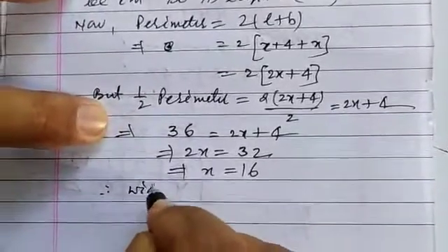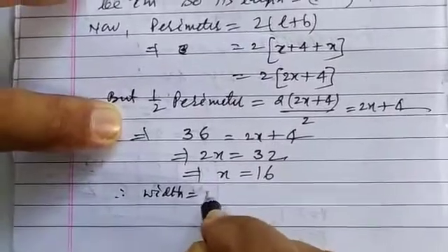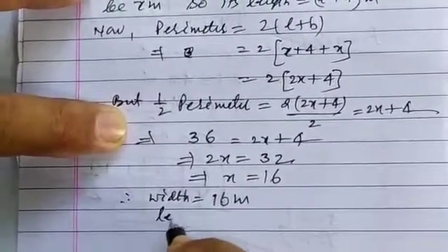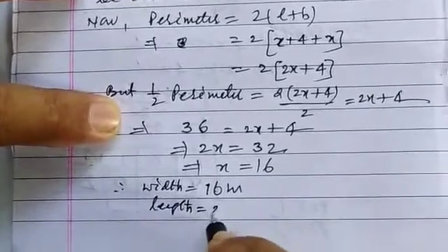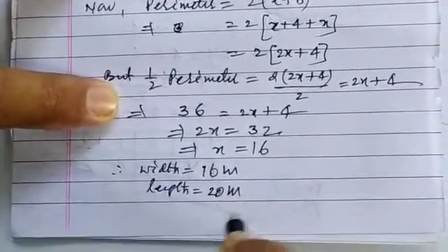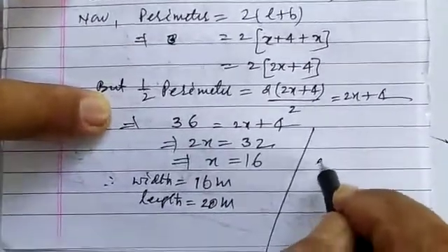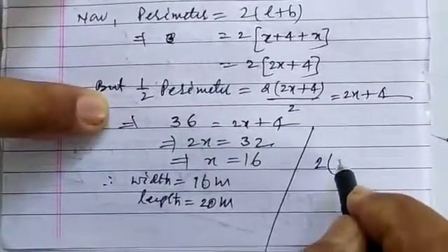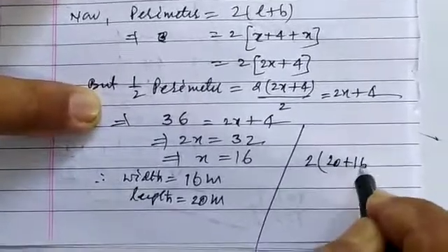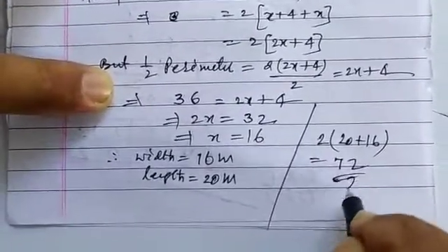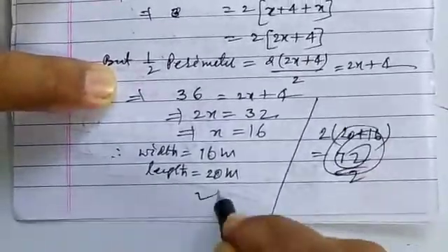Therefore, width equals 16 meter and length equals 20 meter. Then perimeter will be how much? You can verify it. Perimeter will be twice length plus breadth. That will be 72. Its half will be 36. So it is correct.